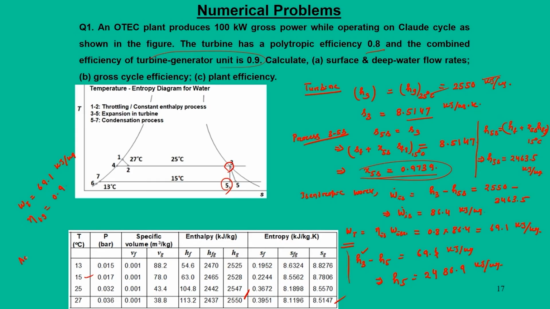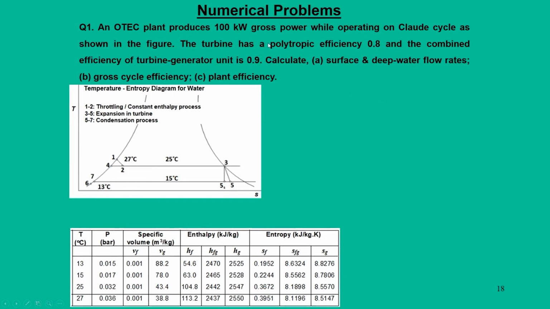So, actual power would be 0.9 into 69.1. So, actual power becomes 62.2 kilojoule per kg. Now, this particular power is linked to the gross power. So, basically, this power we need to correlate with the gross power to find the mass flow rate.